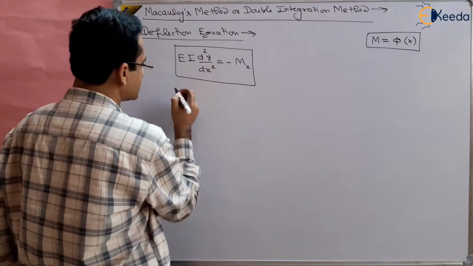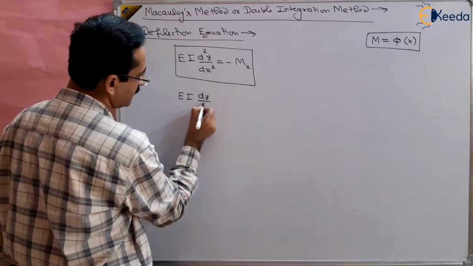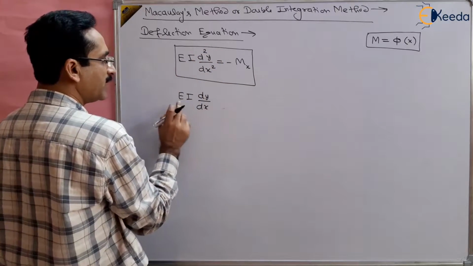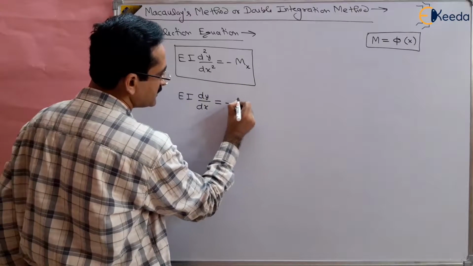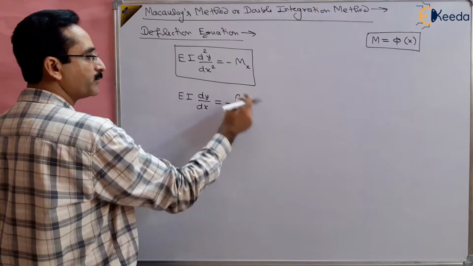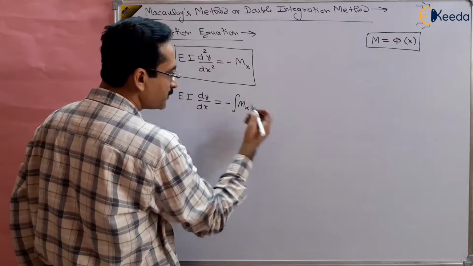So if we integrate once, then EI dy by dx, because this d2y by dx square will become dy by dx, and EI is constant, right? And integrating this, this is minus the integration of M, is it okay? So once integrating we will get this equation plus some constant.